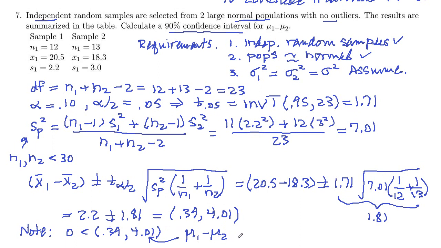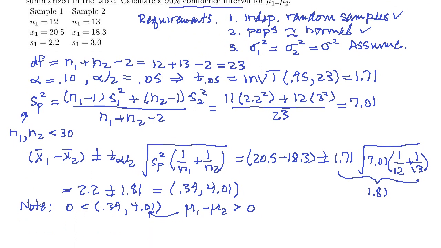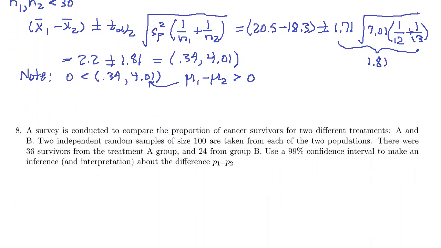And that interval is greater than 0, so this is, with 90% confidence, evidence that the difference in the two population means, mu1 minus mu2, is actually greater than 0. Now we don't know what that means in the context of the problem, because here we're just given numbers. We're not told what the numbers mean, what they represent.